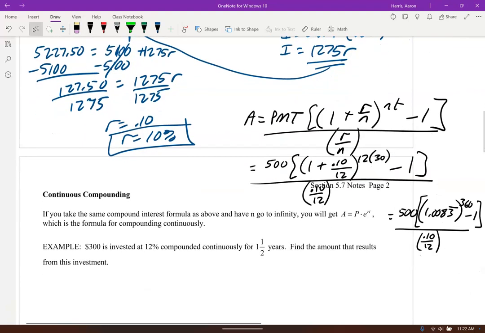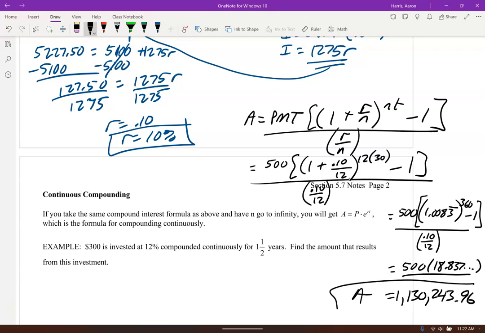And so now I got 500 times 18.837, blah, blah, blah. And then I divide all of that by 0.1 divided by 12. And that gives you 1.130 million, 243.96. That's the amount you have for $500 a month for 30 years.